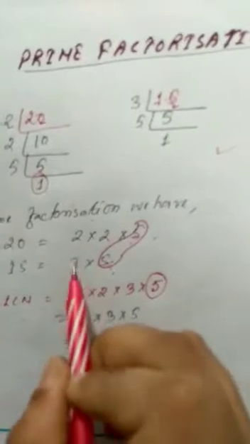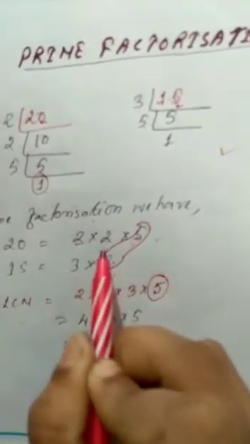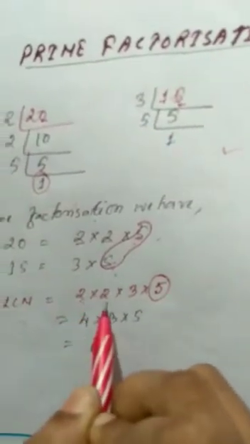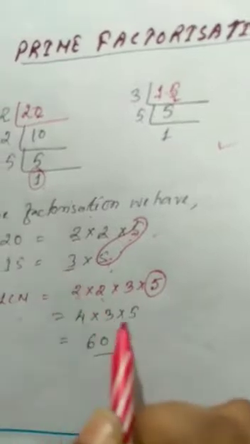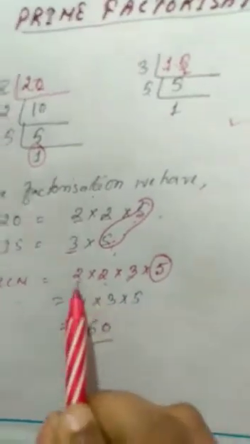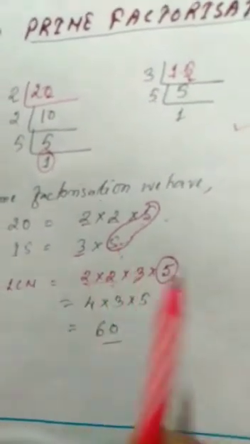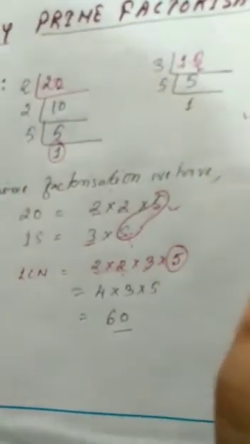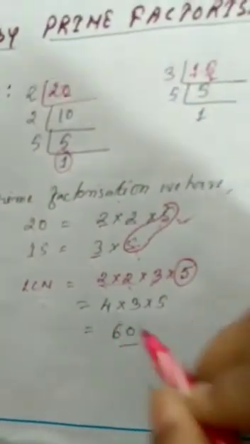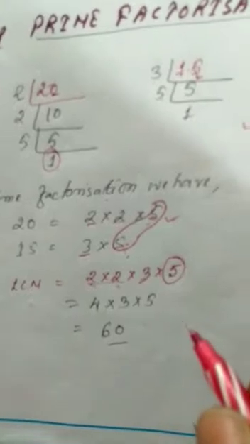Now next, 2 times, so we have to write 2 times 2, and then the next number, 3. So now we'll multiply all. In the earlier method we only checked the common factor, but here in LCM we take both the common and the remaining numbers also.